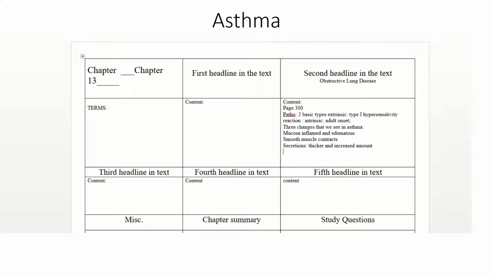And then we see air trapping in asthma. What happens is they breathe in. When they exhale, they can't completely expel all the air due to that obstruction. If you'll sit and think about it, normally expiration is an involuntary action. We don't have to do anything. We breathe in and then automatically you exhale.